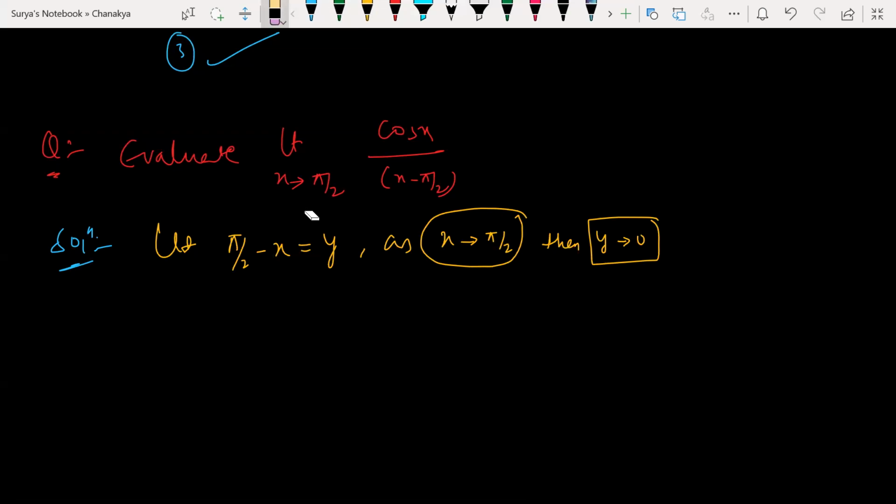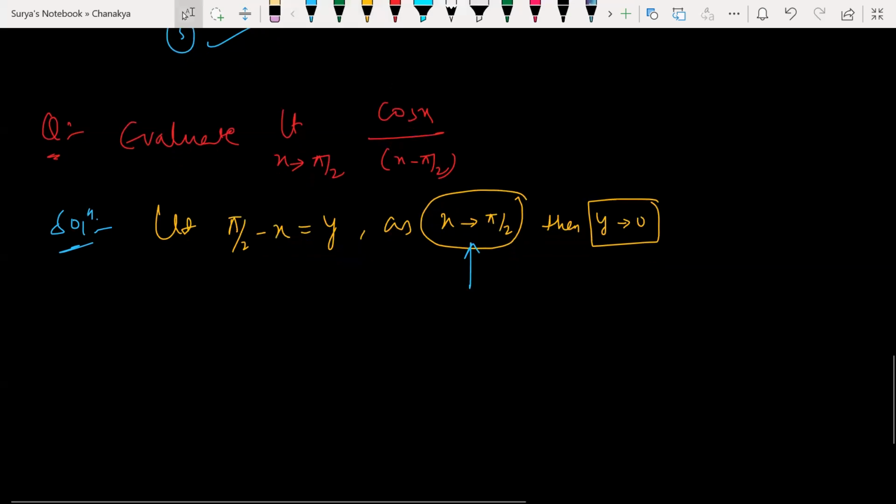Understand my point? Look at it here. Whenever I have x value as pi by 2, then only this y becomes 0, isn't it? That's what I wrote here. Then, sir, why are we writing this? Look at this.